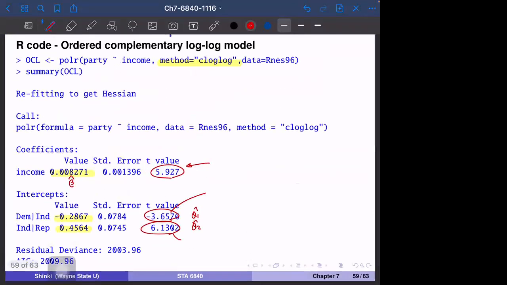You can also compare the AIC and the likelihood, because this is a likelihood-based method. Previously the residual deviance was, I think, 1994 or 1995 for the proportional odds model and the ordered probit model. So that actually gets worse, and AIC also gets worse by about 10.